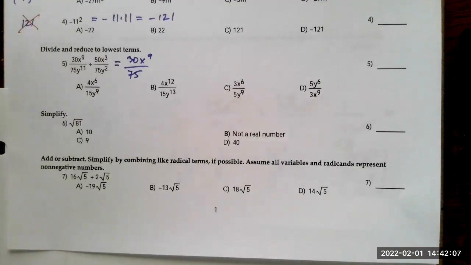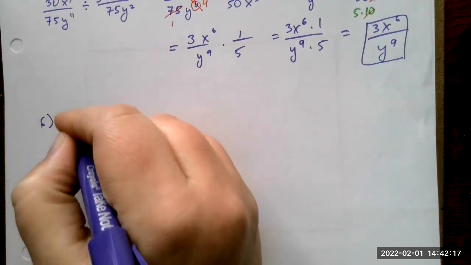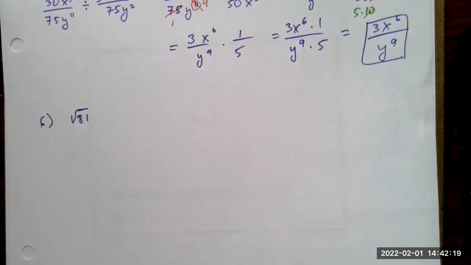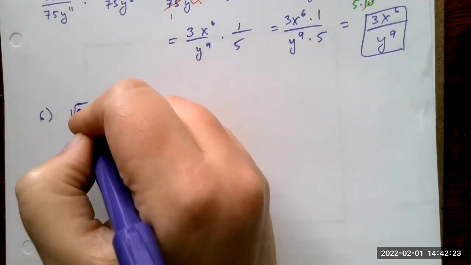is on our list. Next problem on our list is the square root of 81. And this is an interesting one. Again, let me copy it. Square root of 81. Well, here's the thing, guys.